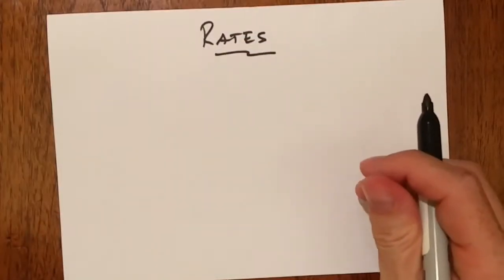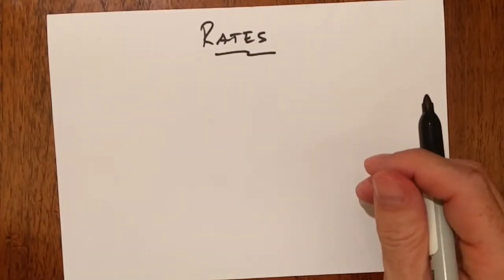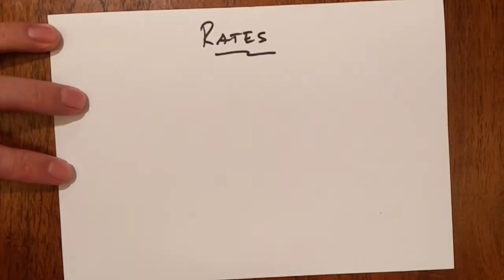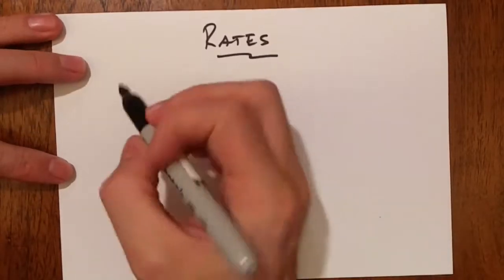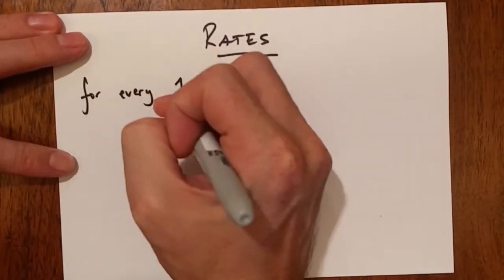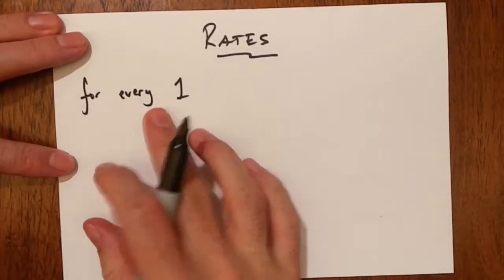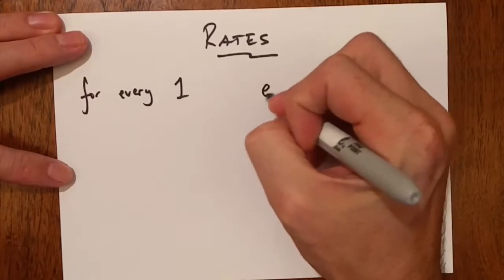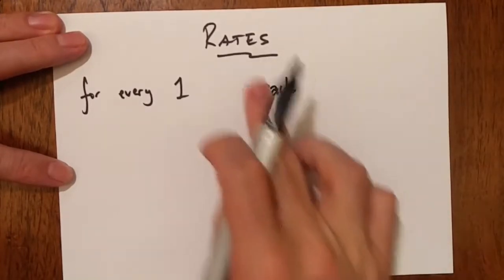So a rate simply means for every one of something. And we have three general ways we can talk about rate. We can talk about, like I said, for every one. So if you see that, you know that we're going to be talking about a rate. Another one we can talk about is how much do I need for each one?